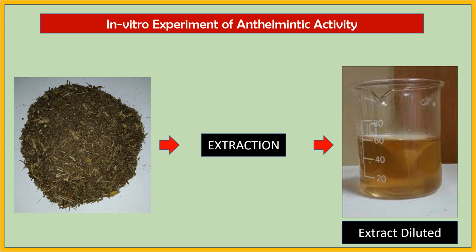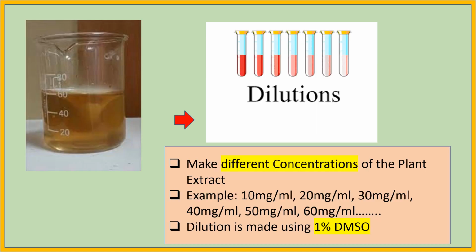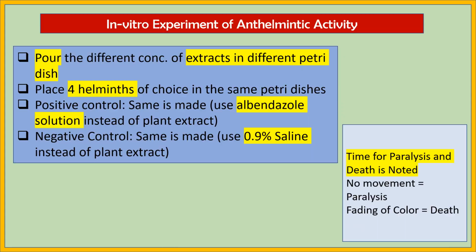We get the extract. After getting the extract, this needs to be diluted depending upon the potential of the plant. If the plant is highly potential against helminths, then we need to make sure that the concentration should be less. And if it is less potential, then we can go for a high concentration. So this is of concern.